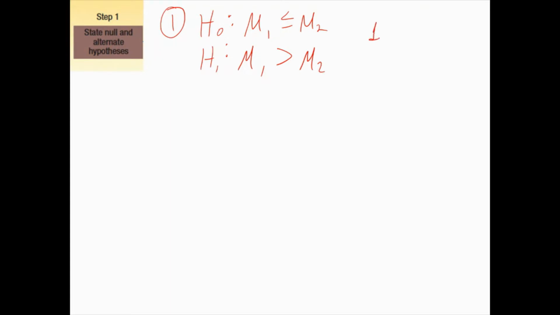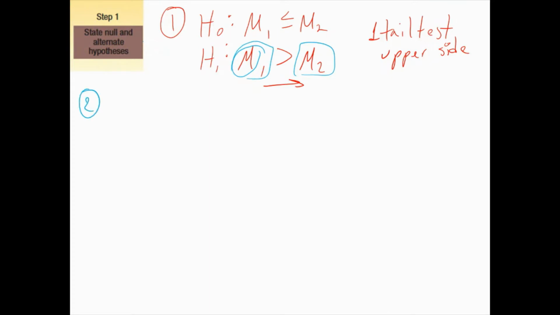This is a one-tail test on the upper side. When we were looking at one sample tests, we were comparing the mean of a population to a number. Here we're comparing two populations to one another.